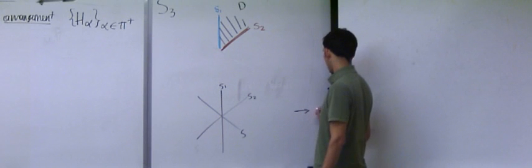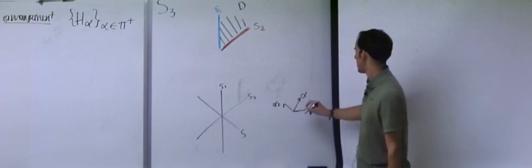In the black and white version, these things just look like these are the hyperplanes. This is S1, S2, and this is S, and they correspond to the simple roots alpha 1, alpha 2, and then the positive root alpha.